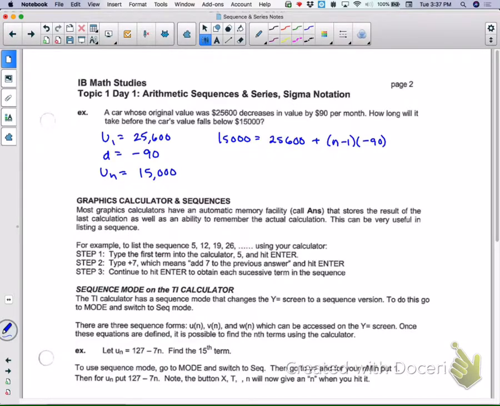So I'm going to subtract the 25,600, so negative 10,600 is equal to, and I'm going to distribute this part right here, negative 90n plus 90. So negative 10,690 is equal to negative 90n, and n is 118.8. Now 118.8 is going to give you exactly 15,000. You want it to be below that, so that would be n is equal to 119 months.